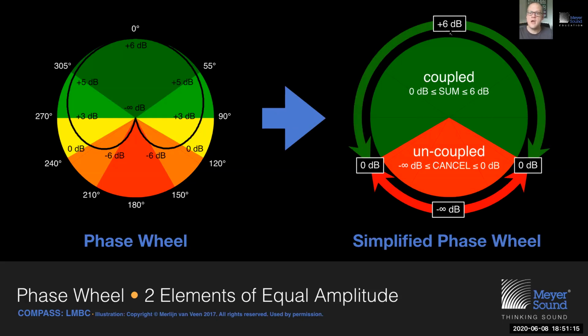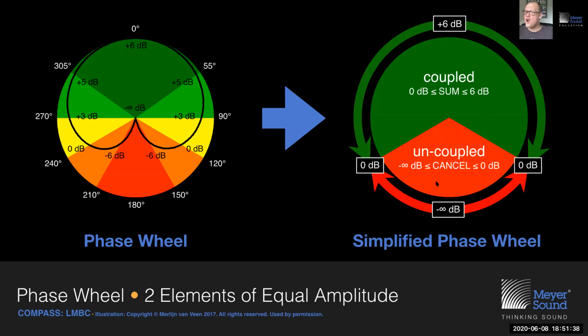When you're in this part of the pie, then you have constructive interference, you have summation, you're coupled. Whereas if you reside in the red part of the pie, where there's destructive interference, losses, rather than gaining something, we lose something. When you're in this part of the pie, there is destructive interference.